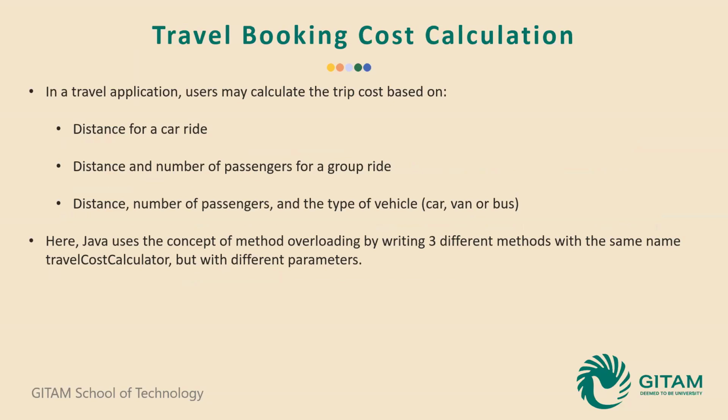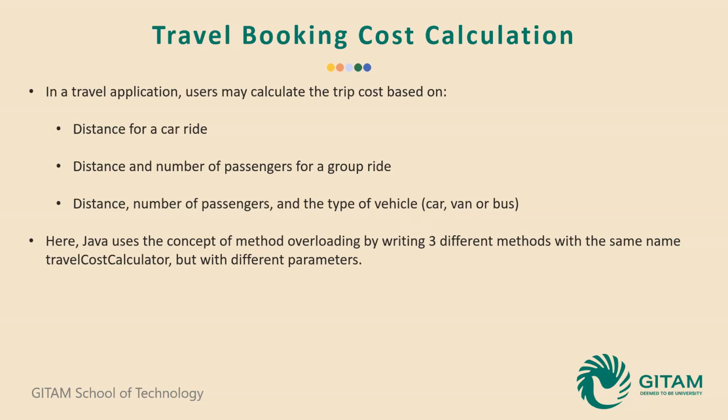The first one has a single parameter, second one two parameters, third one three parameters. And distance data type is double, number of passengers is integer, and type of the vehicle is string. So this is the real meaning of differing with respect to the signatures.